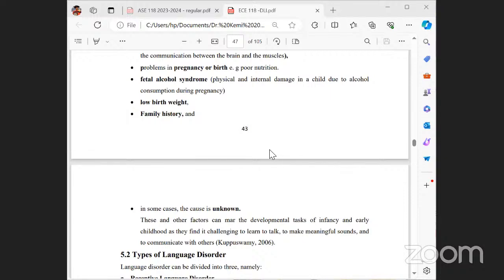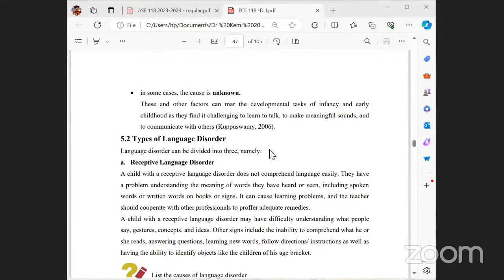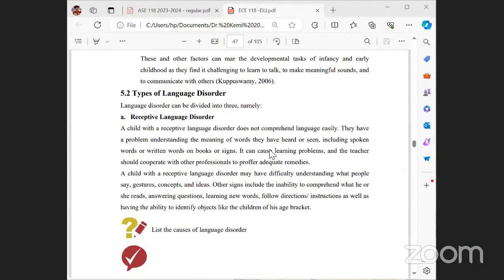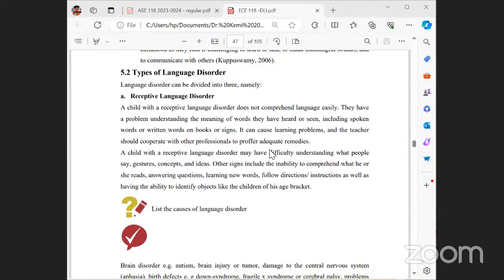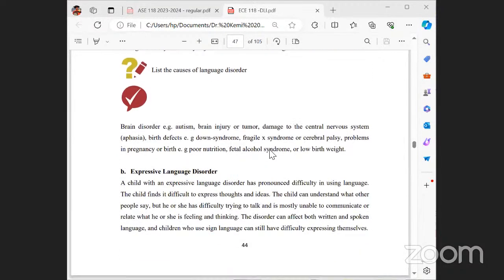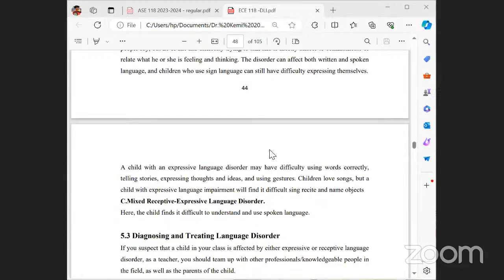And for children that fall into this category, you as an educator can encourage them, you can bring them up from that level. We also have types of language disorder. We have receptive language disorder and expressive language disorder. The third one is a mix of both. Like I said, some may be able to speak, but some could understand what you say.